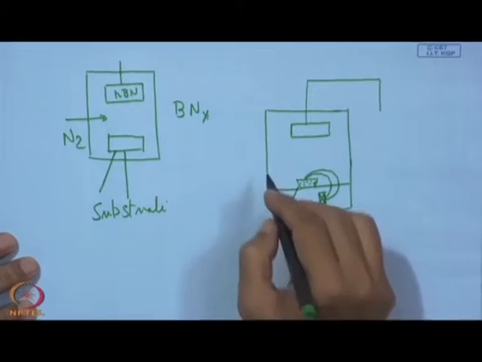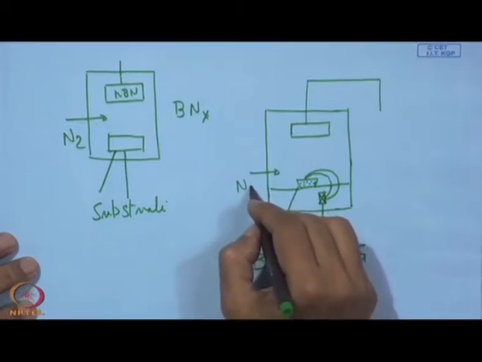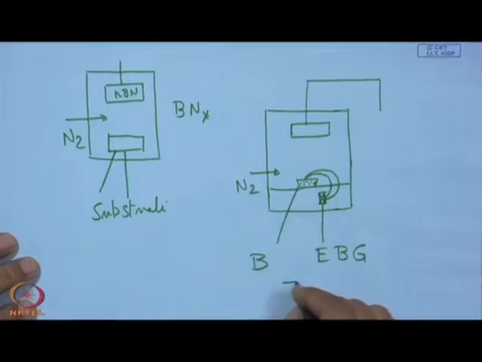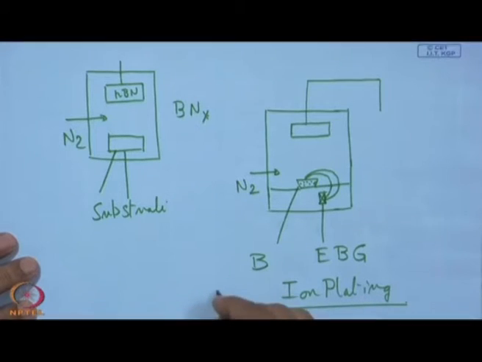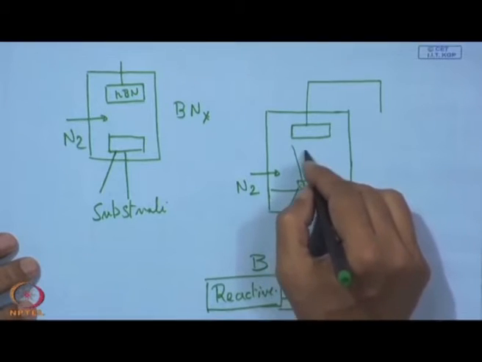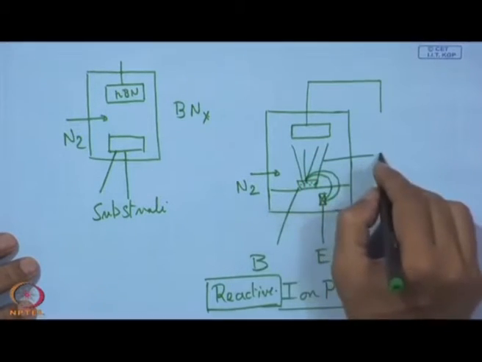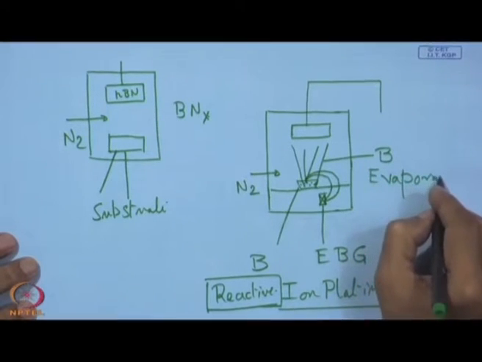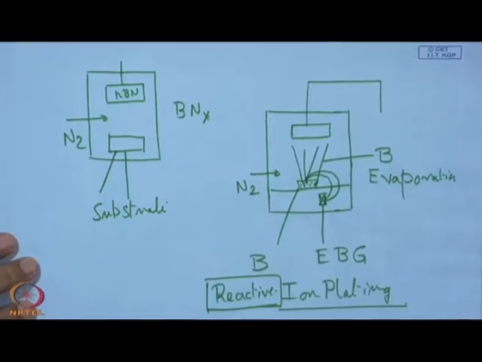So, it is boron, and at the same time we have entry of nitrogen, and this is exactly what we call ion plating. This is ion plating, and this is going to be reactive ion plating. That means here we have boron evaporation and admittance of N2.